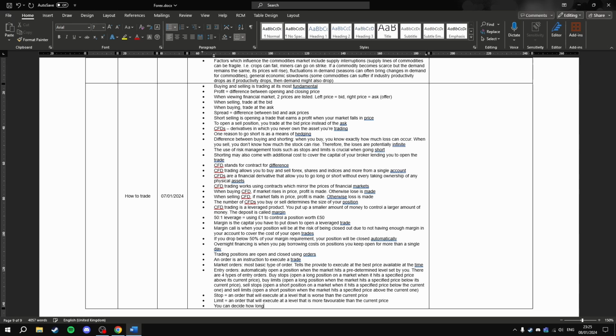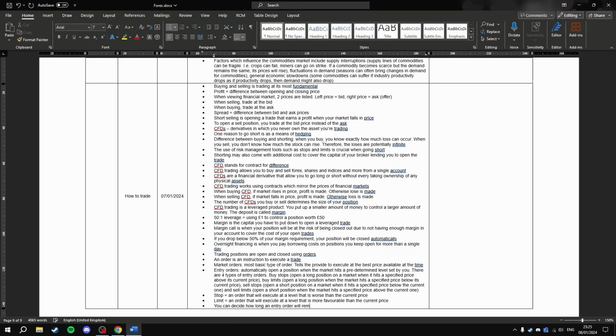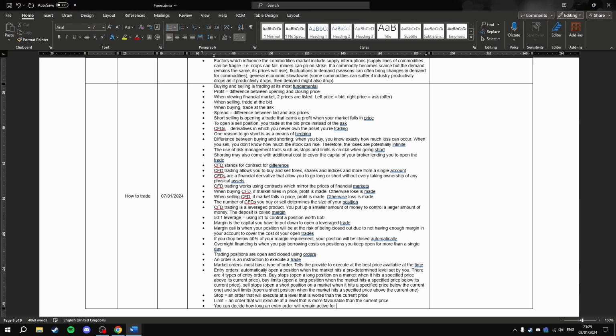This decides how long an entry order will remain active for before it gets cancelled.